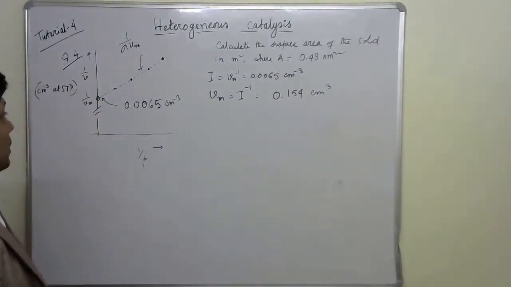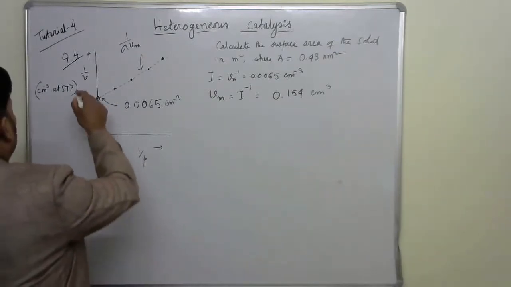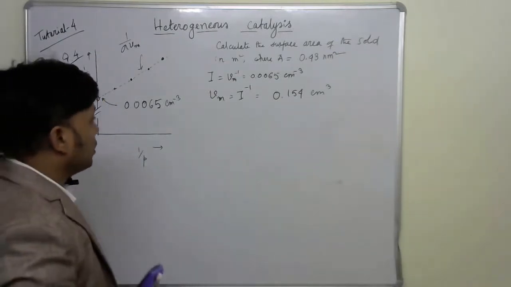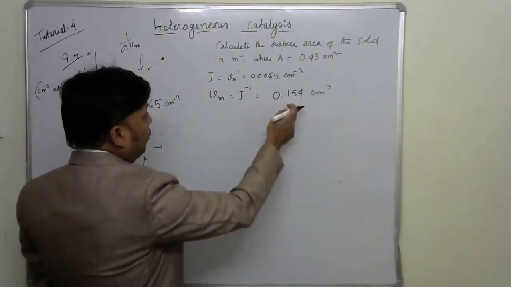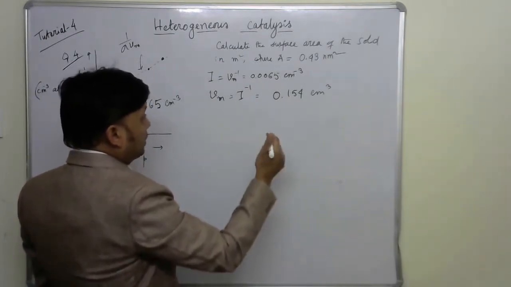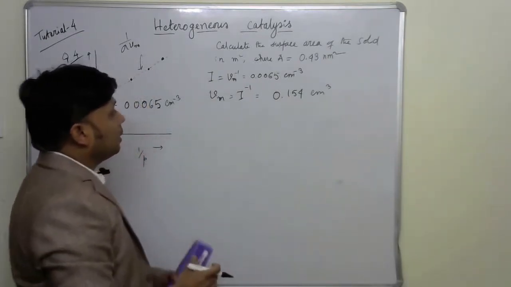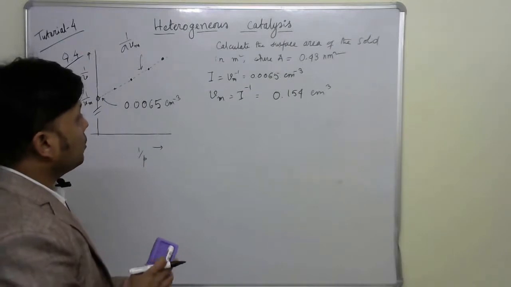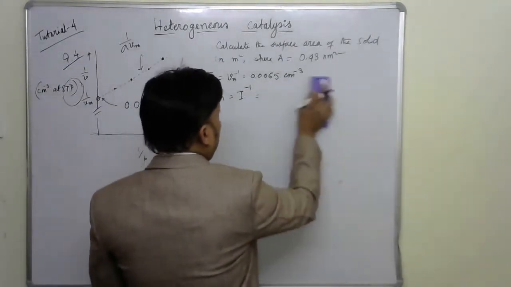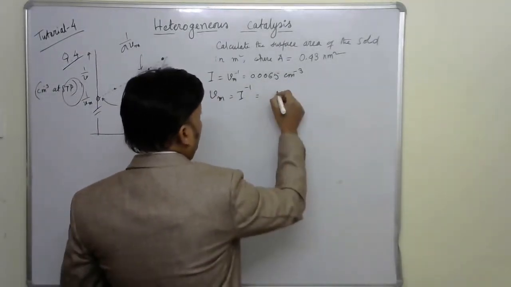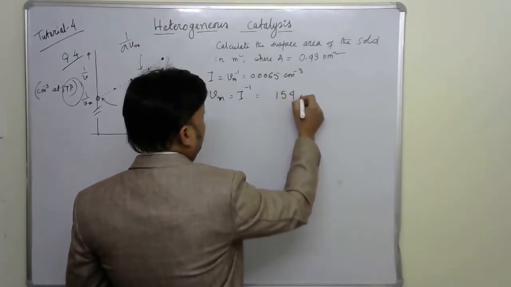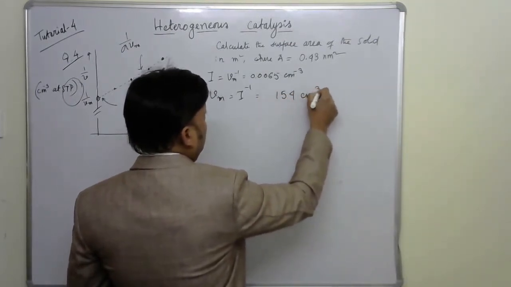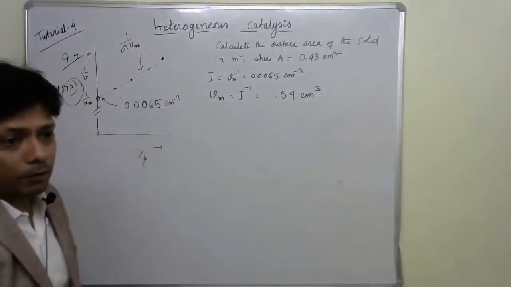And so here, what happens is that this volume is given at STP, standard temperature and pressure. So immediately we can convert this into liter. Hold on, this actually comes to not 0.1, but 154 centimeter cube. Okay, pardon my mistake.